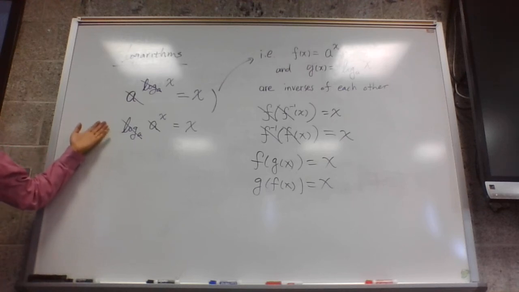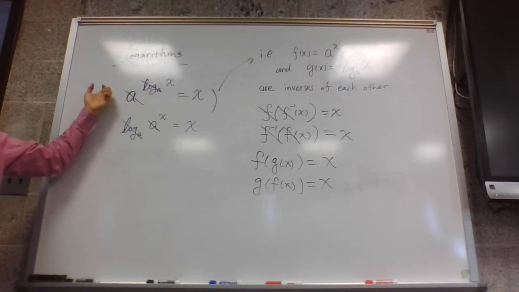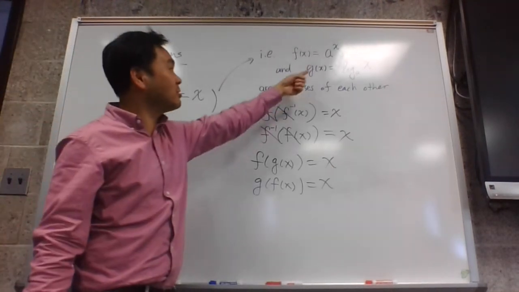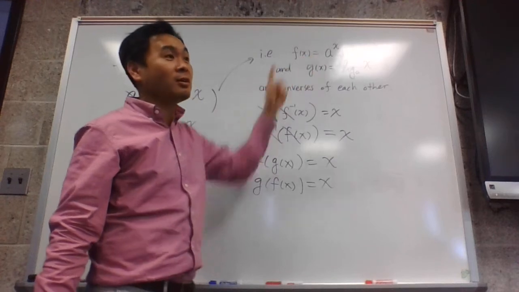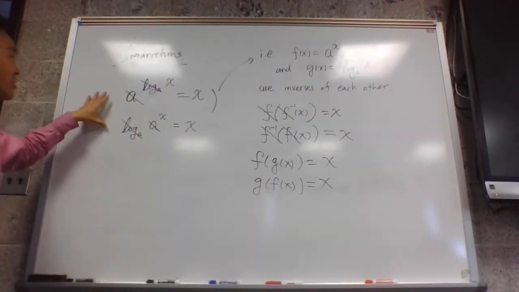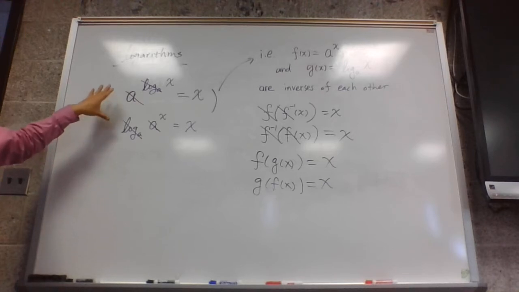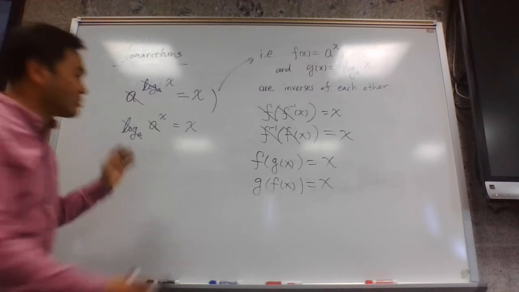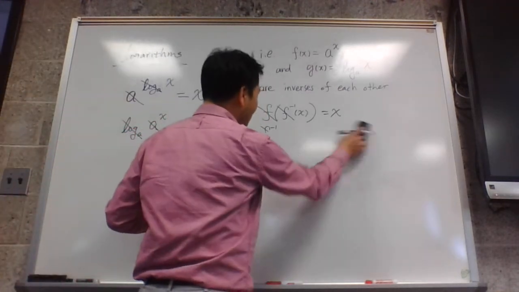You have these two cancellation rules, and because these two cancellation rules capture the very idea of this being the inverse of that function, you basically get everything. And plus, by this definition, you can easily compute. Right? So that's where this definition comes from.